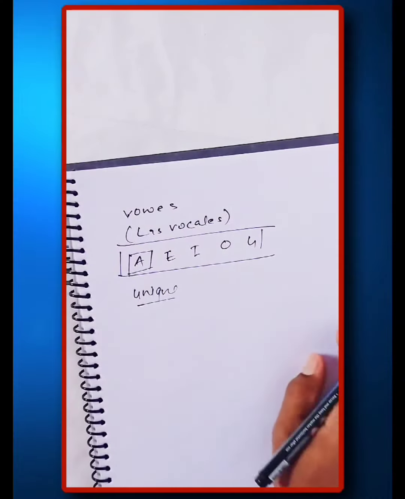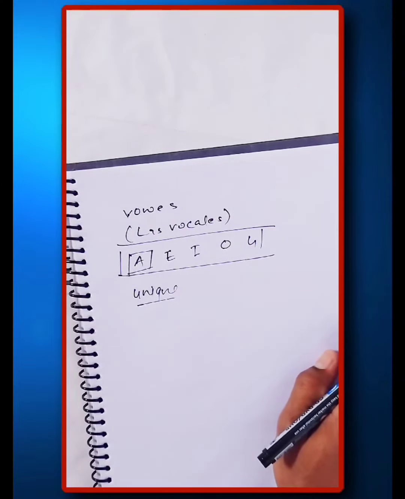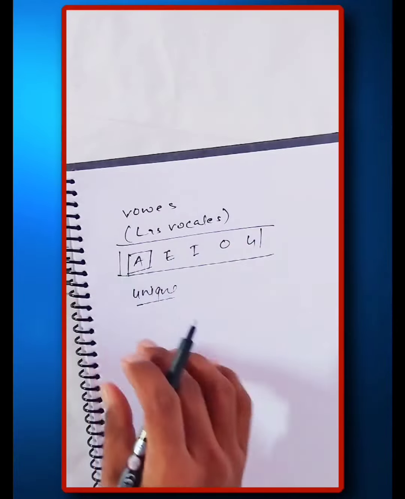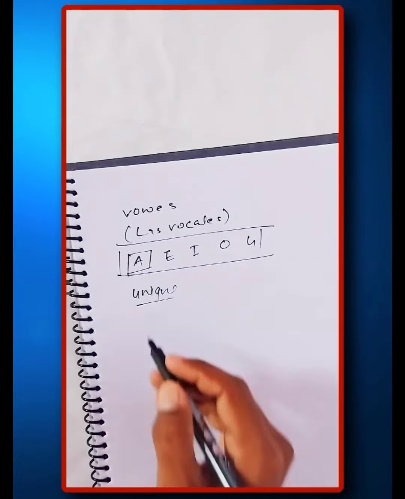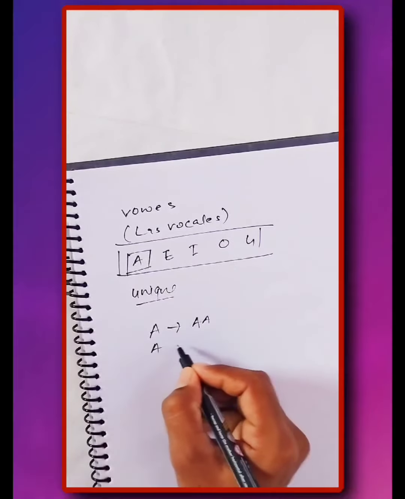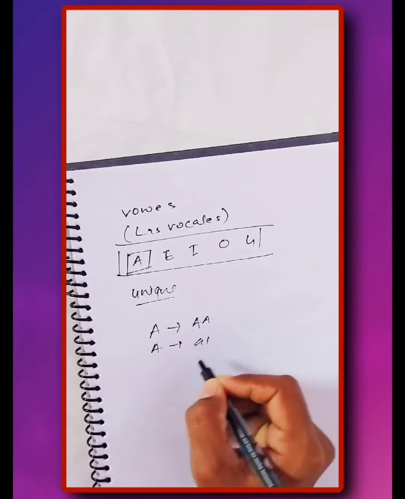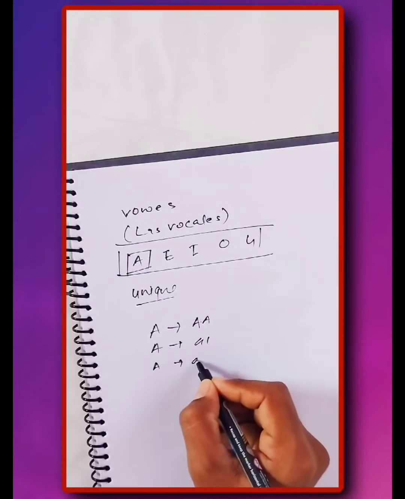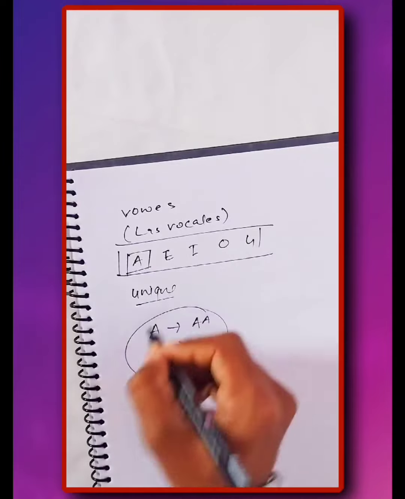Another unique thing about these vowels is that each vowel has a unique sound. Unlike in English, where the same vowel has different sounds in different combinations. Like A, sometimes it is pronounced one way, sometimes another, so A has different sounds.